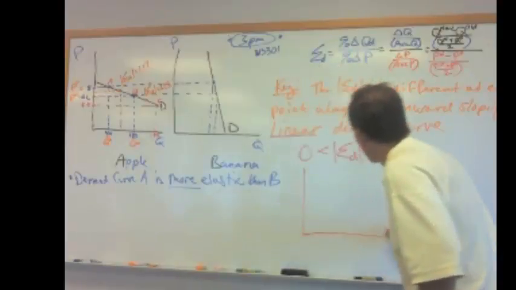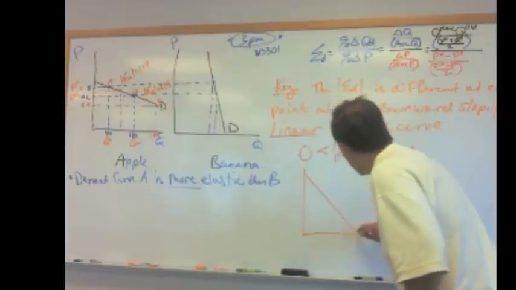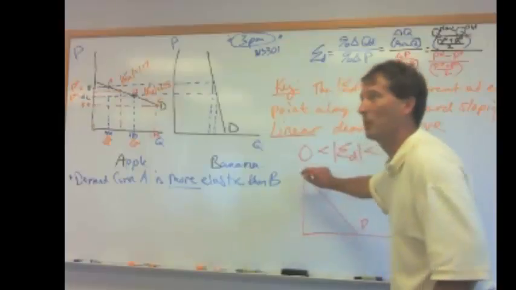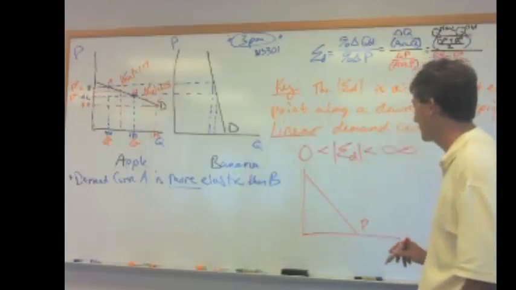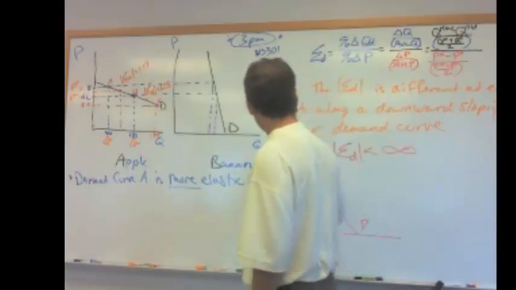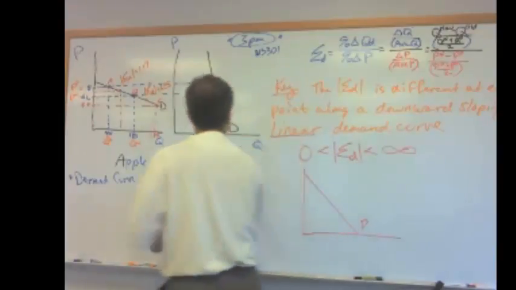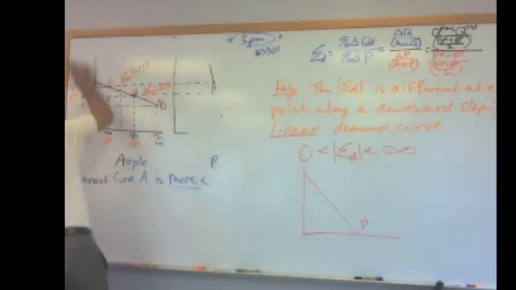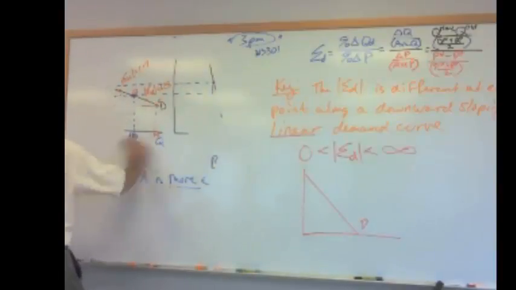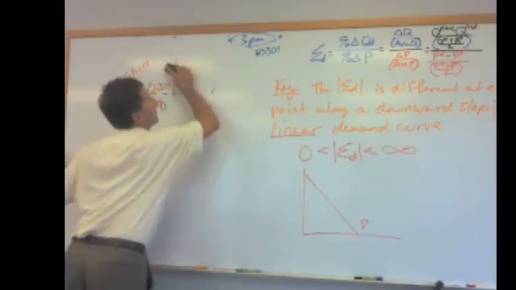So along the demand curve, if you take the endpoints, go ahead and touch both the horizontal and the vertical axis. In fact, I'm going to redraw that. You can go ahead and draw that one, but I'm going to draw something else too.